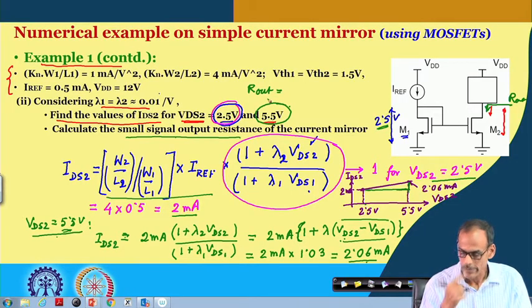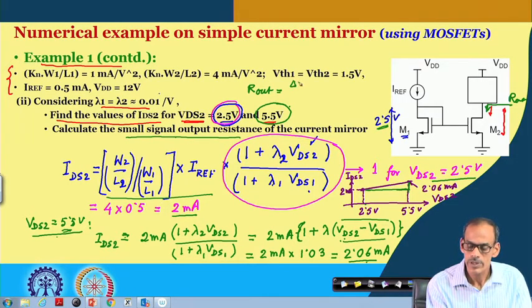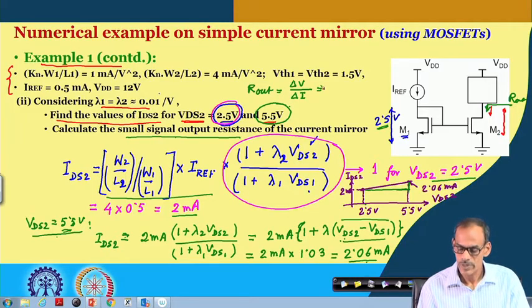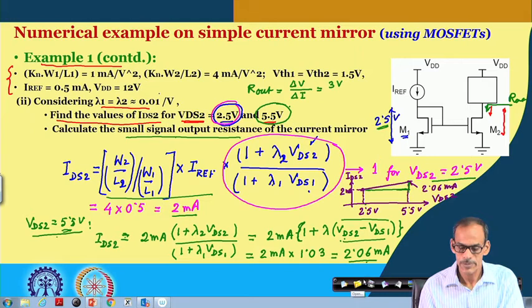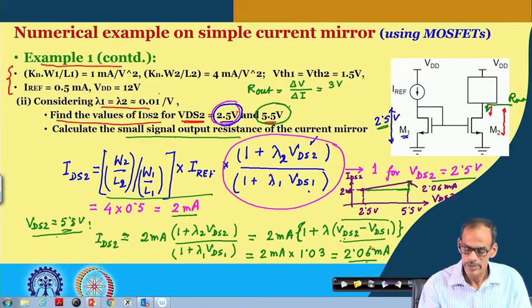So, that is the voltage difference del V divided by del I, and we know that del V is 3 volt, and the corresponding variation of this del I is 0.06 milliampere.